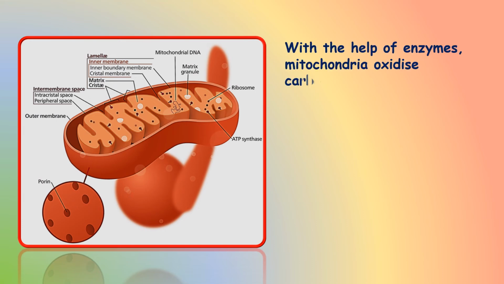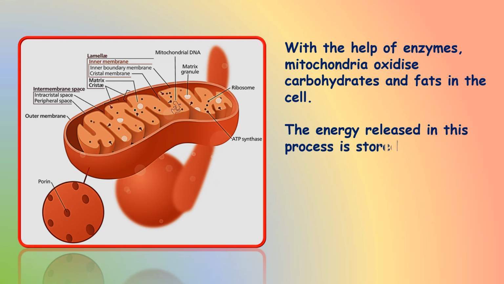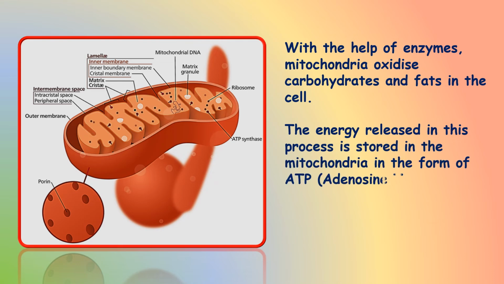With the help of enzymes, mitochondria oxidize the carbohydrates and fats in the cell. The energy which is released in this process is stored in the mitochondria in the form of this energy molecule called ATP. Full form is adenosine triphosphate.